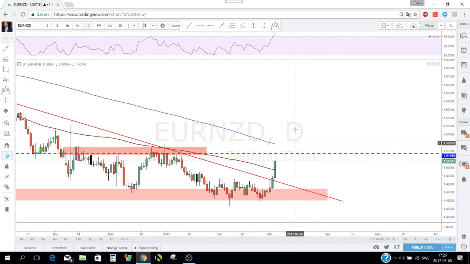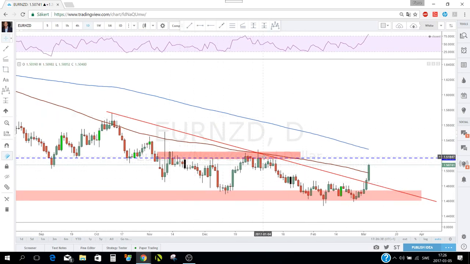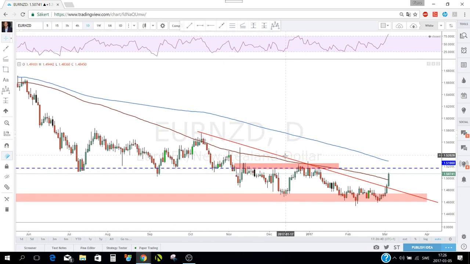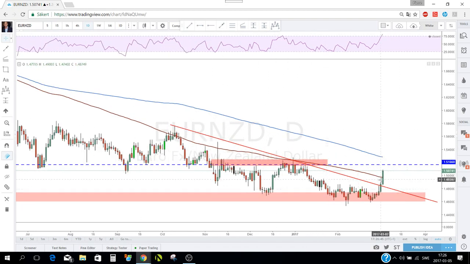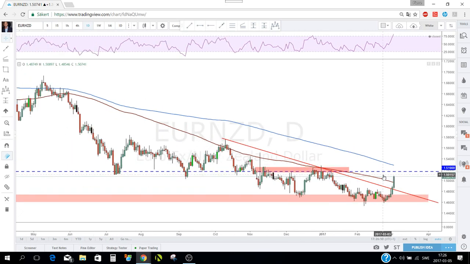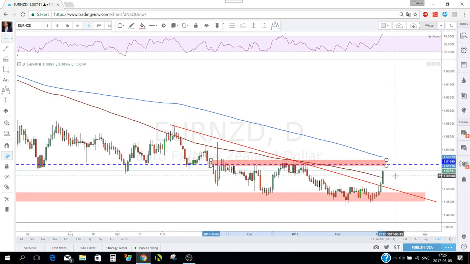Lots of tests at this area. The 100 moving average was acting as dynamic resistance also, but last Friday it got broken. But we have the 200 moving average heading down also, and price may reach it very soon.